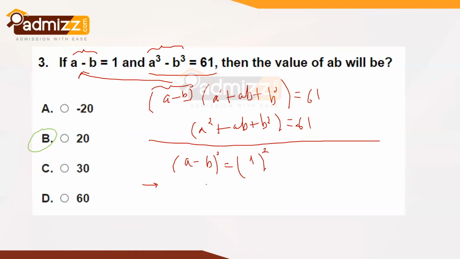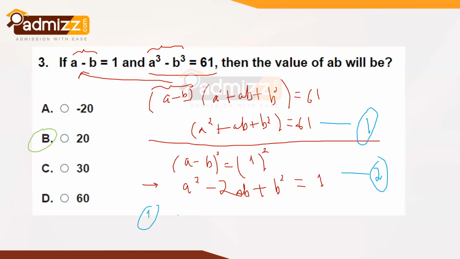So we expand the left-hand side, and this becomes A squared minus 2AB plus B squared, and 1 squared is simply 1. So we've got two equations, right? We've got equation number 1, this, and we've got equation number 2, this. Now what we do is we subtract 2 from 1.